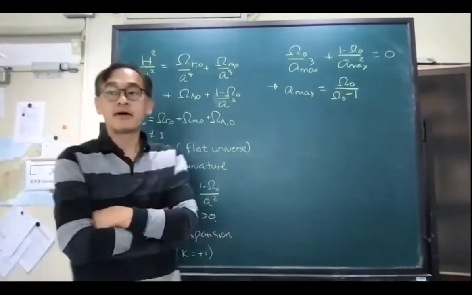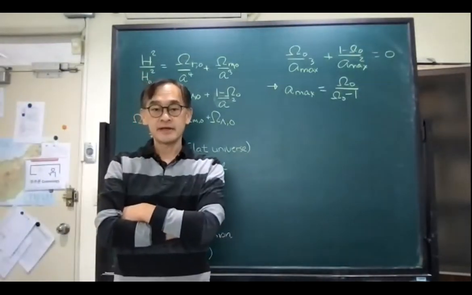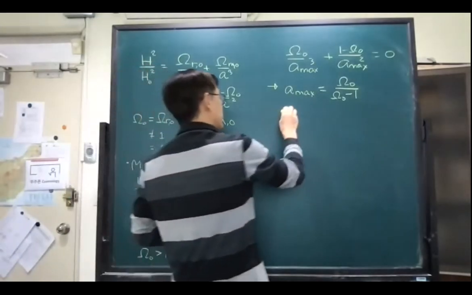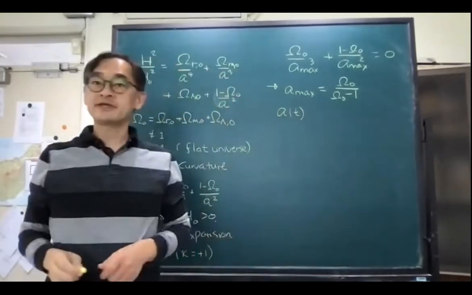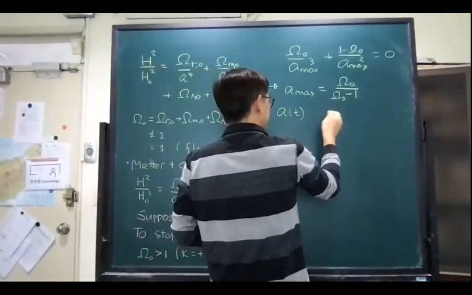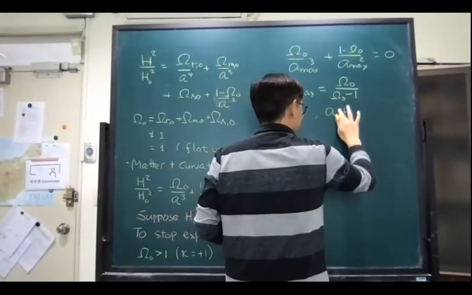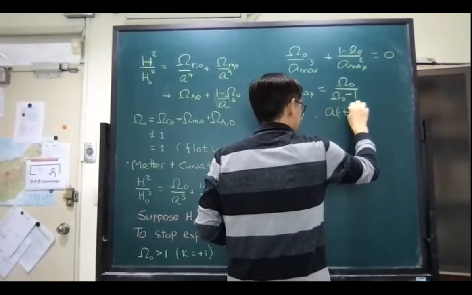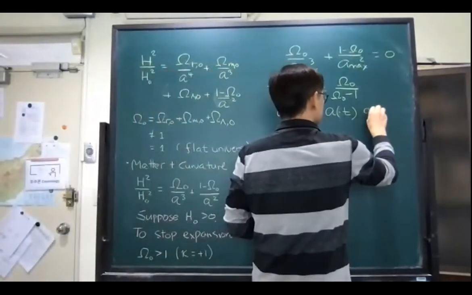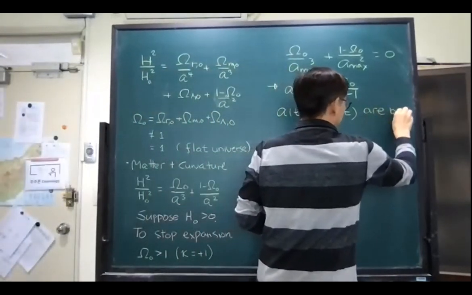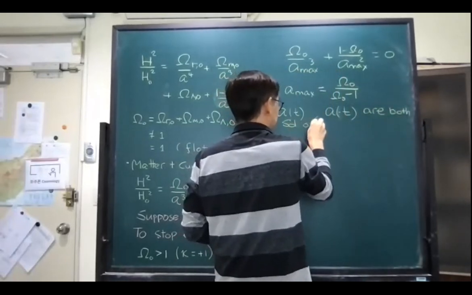A long time ago, we discussed the mathematical structure of the Friedmann equation. If a of t is a solution of the Friedmann equation, then the time reversal, a of minus t, should also be a solution. Both are solutions of the Friedmann equation.